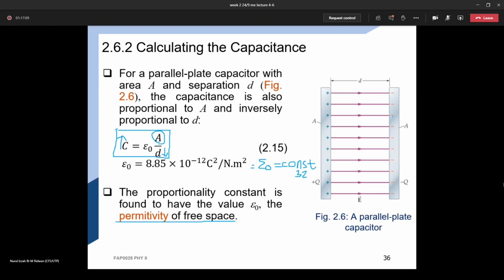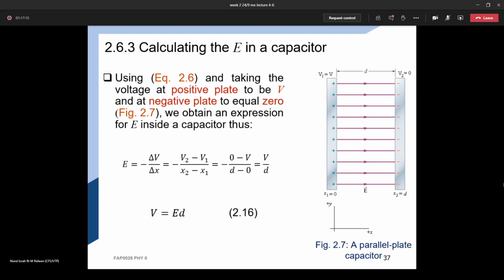Because you are the inventors of the future, you need to think critically about all the things we have. Okay, and the last thing in capacitor I want to introduce to you is the voltage or the potential in between the two metal plates. Starting from E equals V over delta X. Previously, we had the negative sign as well in the calculation.